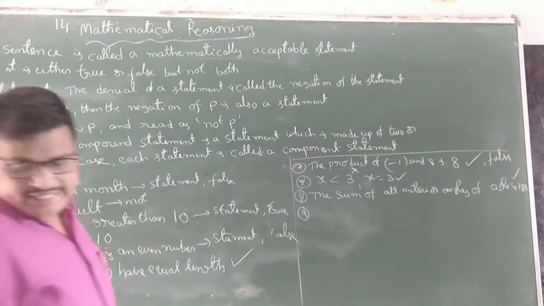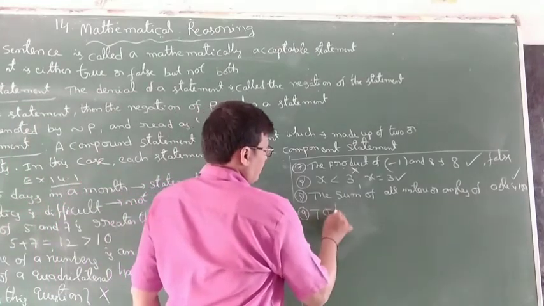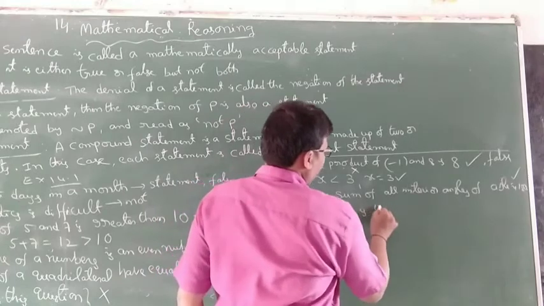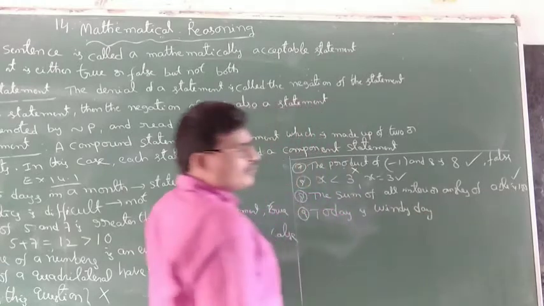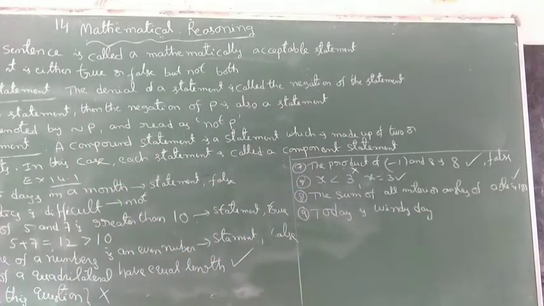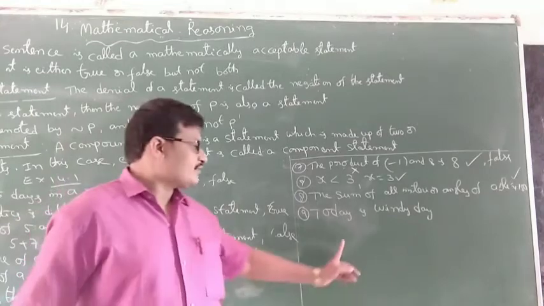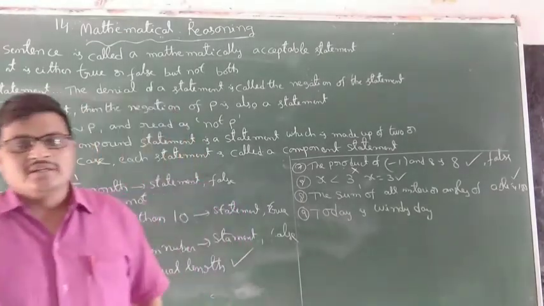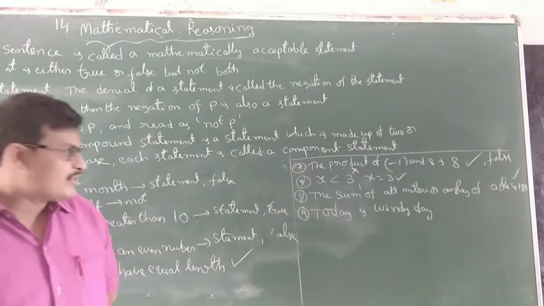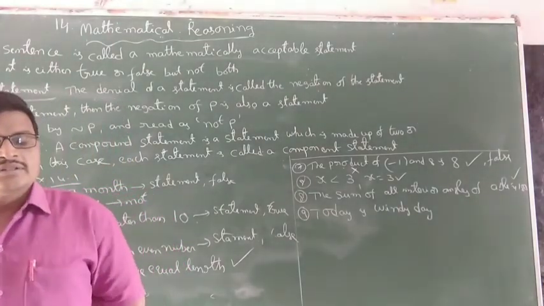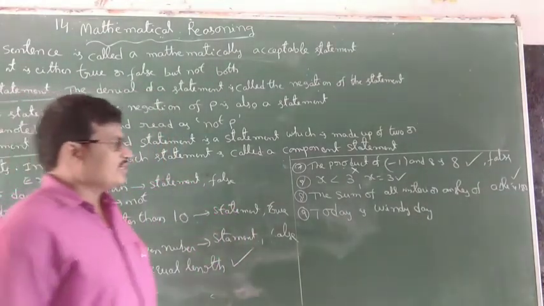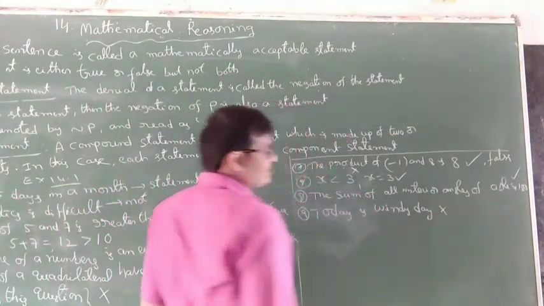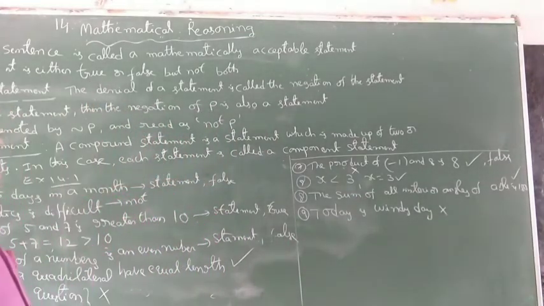Next, 9. Today is a windy day. This is not a statement, because today is a windy day, or a rainy day; some members say windy, some say rainy. It is not mathematically acceptable, so this is not a statement.